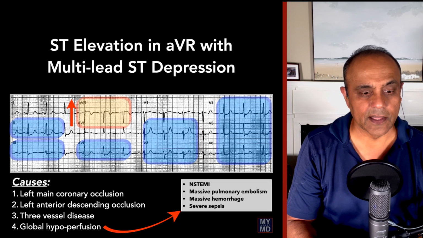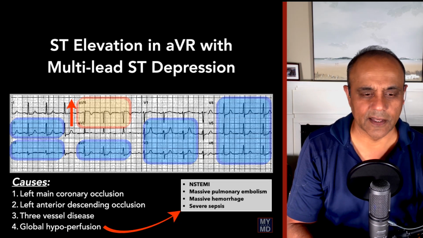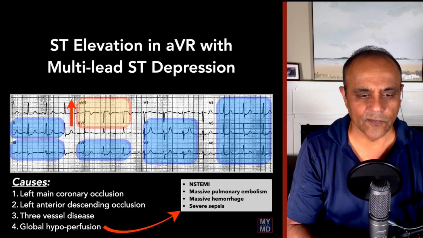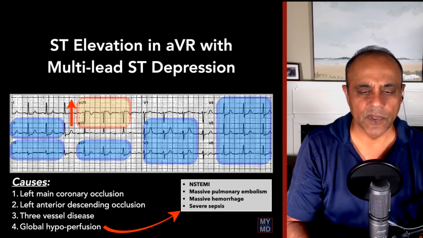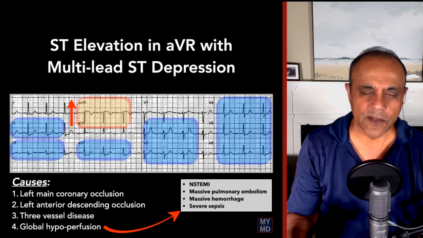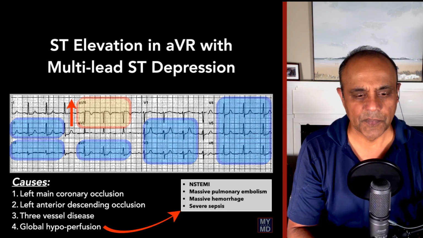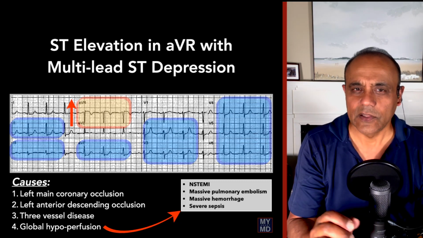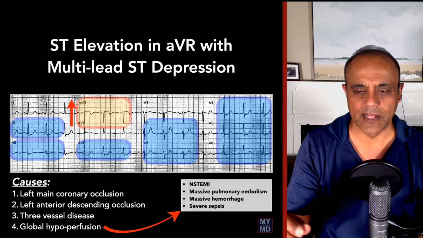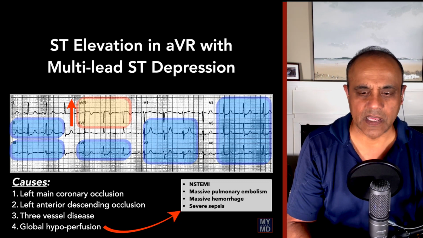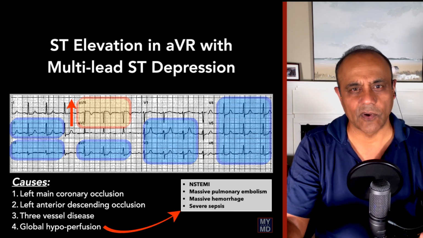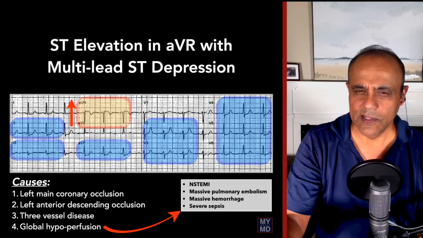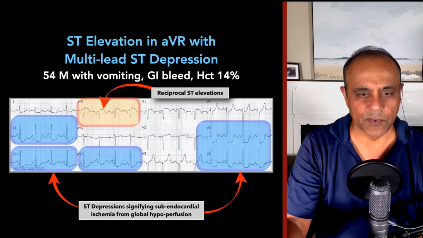The left main occlusion is, I think, far more concerning than the other ones. Left anterior descending occlusion also, especially if the proximal part of the vessel, 3-vessel disease, and then global hypoperfusion, things causing an NSTEMI, massive PE, massive hemorrhage, and severe sepsis. These are all things that can cause this very unique pattern that we see here.